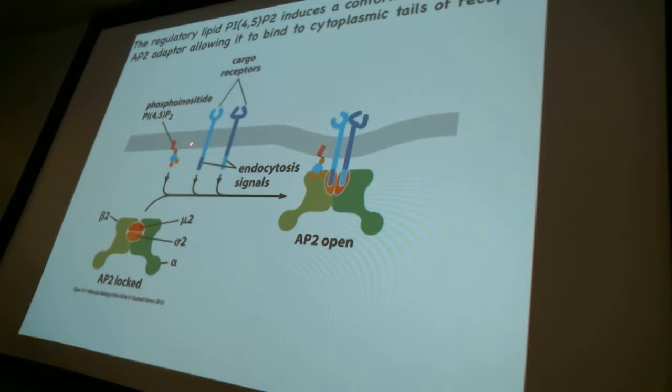So it is the phosphoinositide in this form, PI(4,5)P2, that when it binds to one of the subunits of AP2, triggers the conformational change in which these proteins suddenly can recognize the tail of these endocytic receptors. And that's when AP2 gets recruited to the membrane. So this phosphoinositide, this lipid on the membrane, is actually the initial trigger for this process.